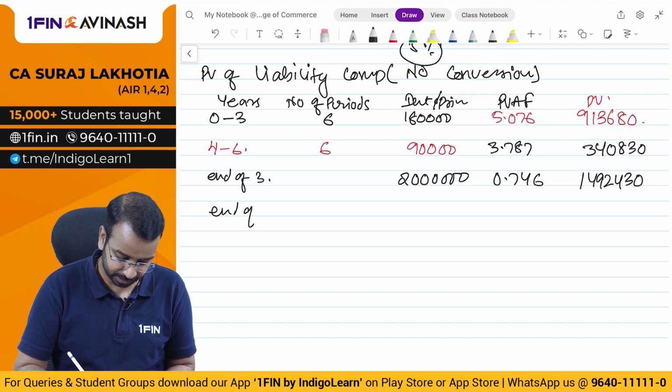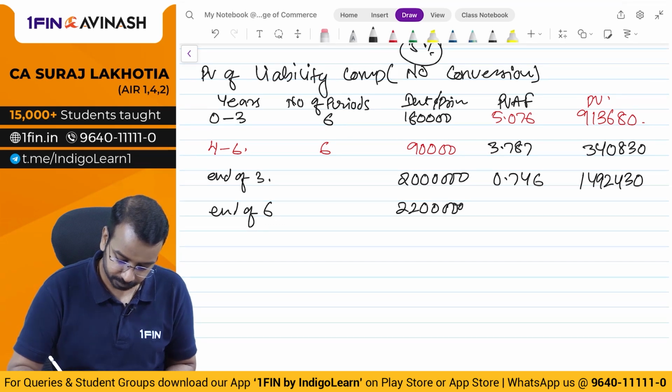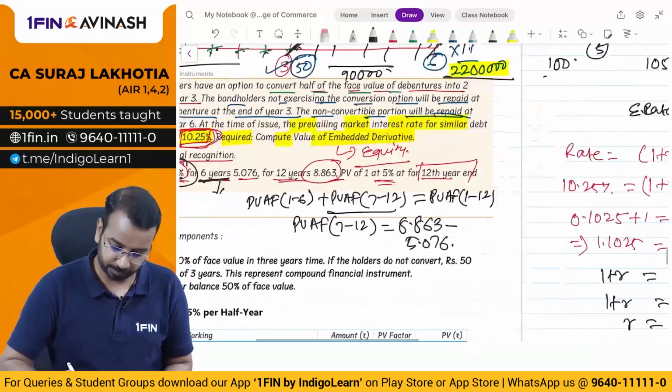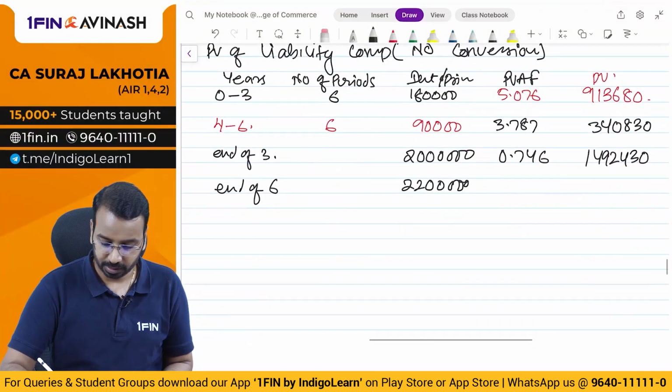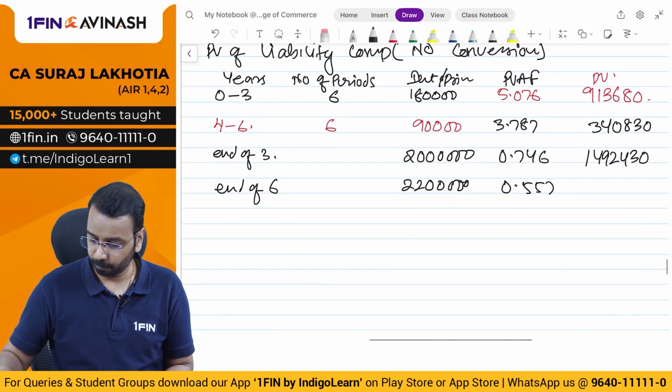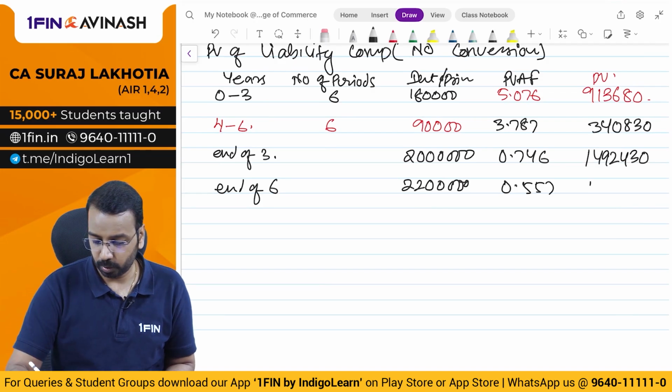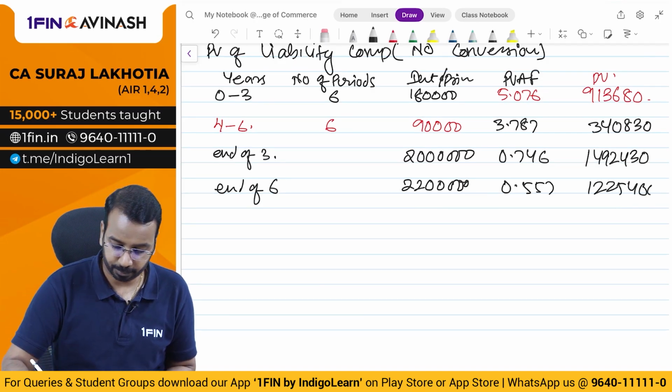And at the end of year 6, 22 lakhs. Factor given is 0.557. 0.557 into 22 lakhs, 12 lakhs 25,400.